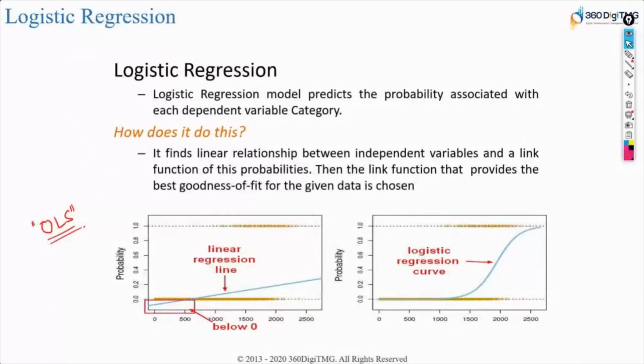You'll have a straight line. But when it comes to logistic regression, you'll have a curve like that. This curve that you're seeing is called an S curve, or sigmoid curve, or logistic curve.